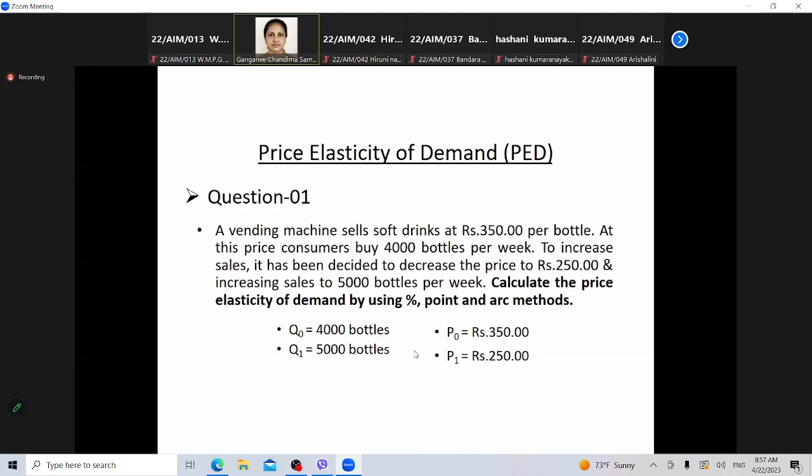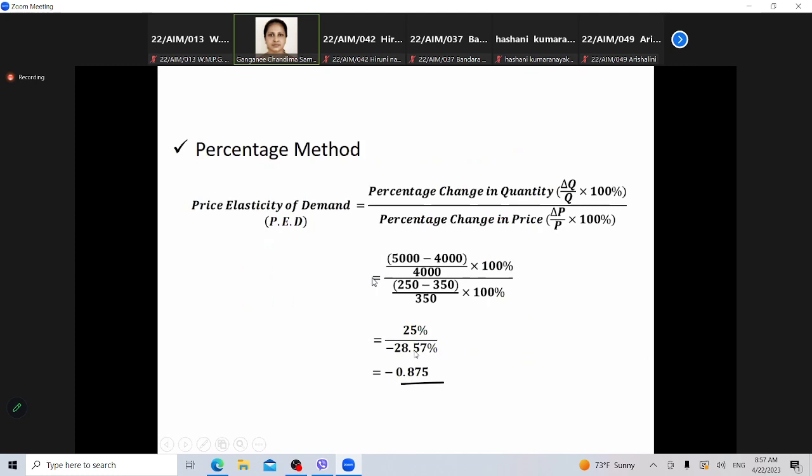Hashan is explaining there are two answers from percentage method and arc method. We will see. Okay, again. But I'm just trying, you all got 0.6. Have you used the same way like this? Here 25 is coming. Here something is missing. Okay, so here, percentage change in quantity, percentage change in price.